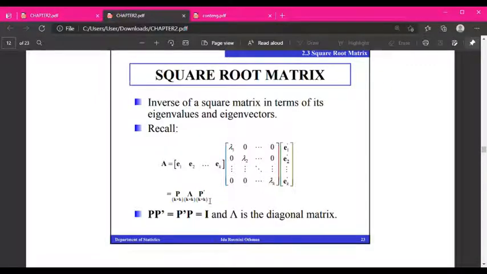Okay. And then if P multiplied by P transpose equals identity, then the big lambda is a diagonal matrix.